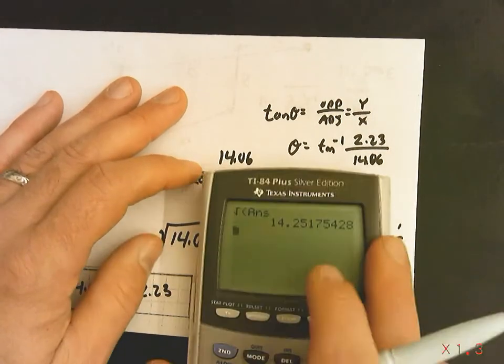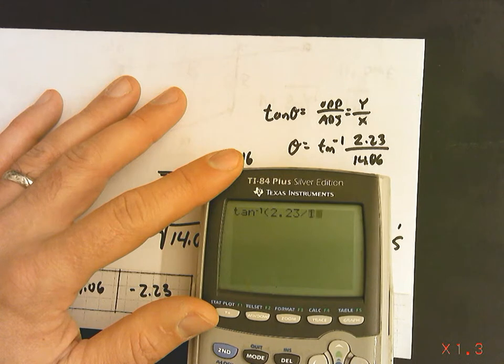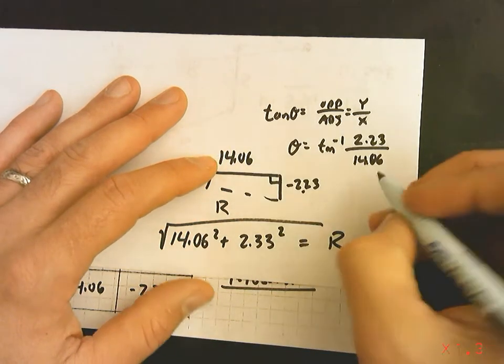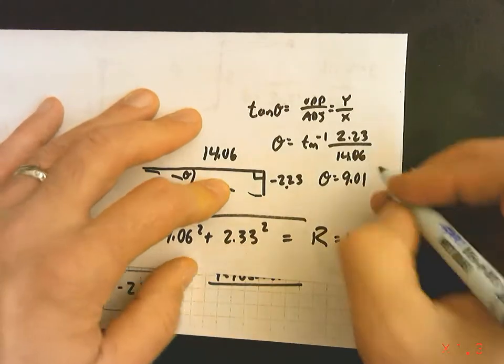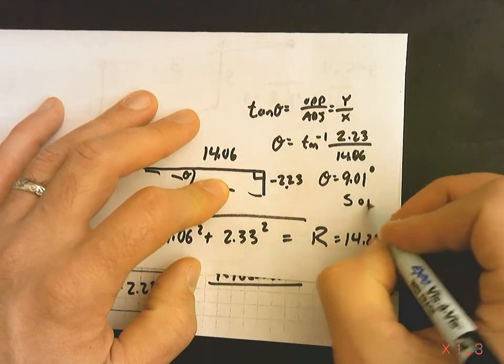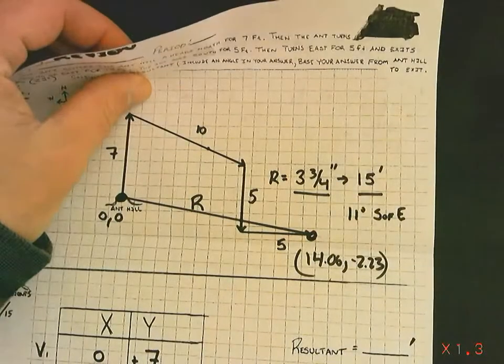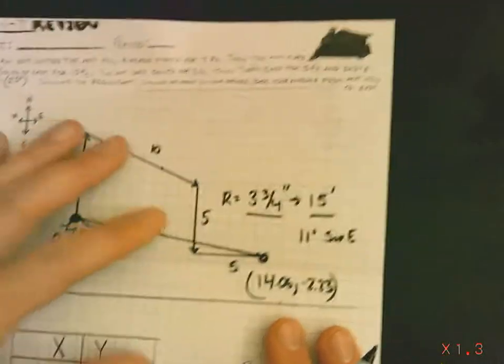So theta would be equal to tan negative 1, inverse tan, of 2.23 divided by 14.06. So I get an angle of 9.01. So I would say theta is equal to 9.01 degrees south of east. Last time I think I had an angle measurement of 11. It's just probably my awesome paper protractor coming into play.